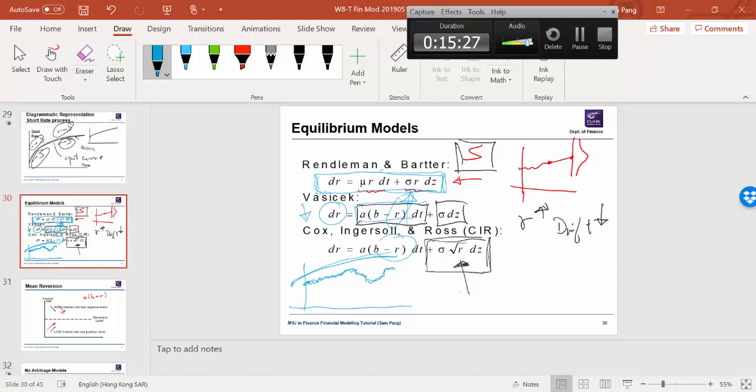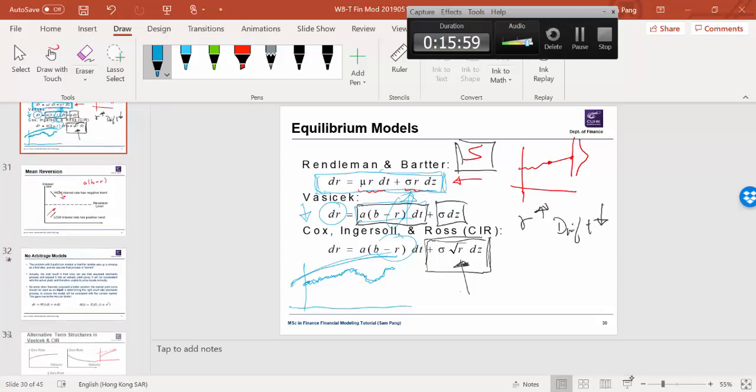And for academics at the time, and I'm talking like 10 years or maybe more, they thought that this was a major limitation, because they thought that interest rates should never be negative. And you know what? They did become negative. So that, in the end, became quite a revelation or revealing issue.